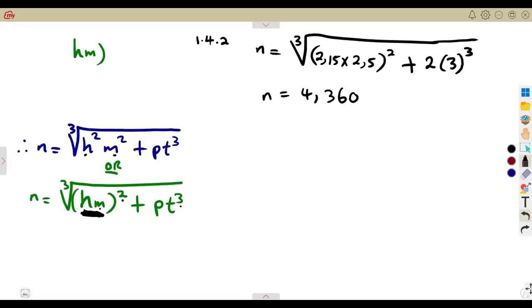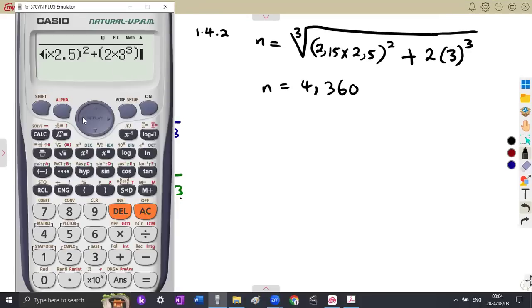Okay, so this is what you were going to obtain from our calculations. We just have to substitute the given values that you are having. Like I said before, even if you were to substitute these ones separately without having this whole part combined, we can also have this part here as the 2,15 squared on its own times the 2,5 squared on its own.